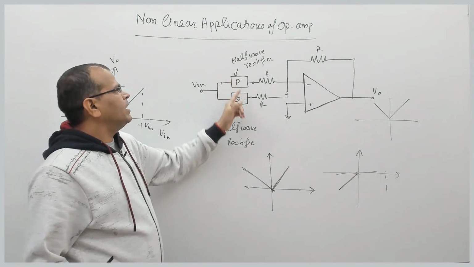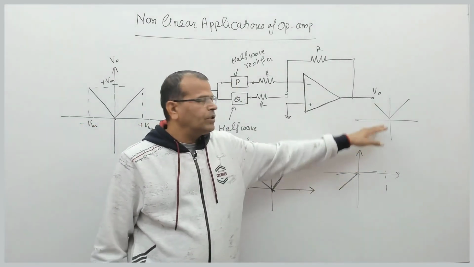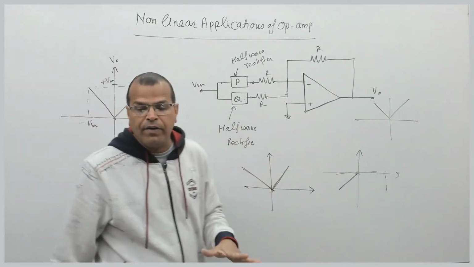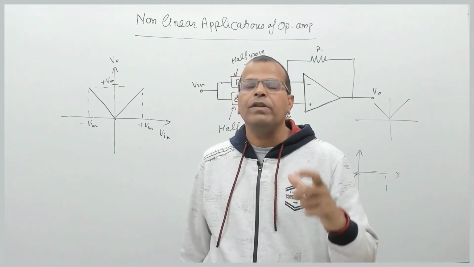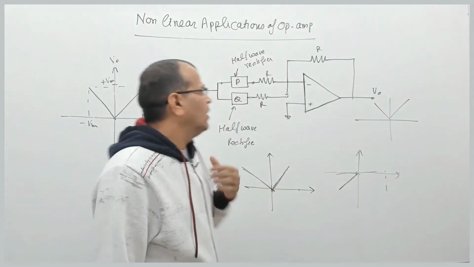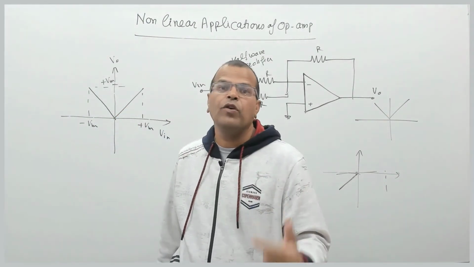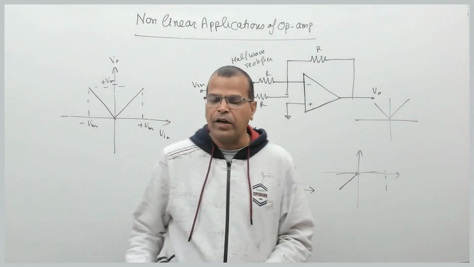By selecting proper characteristics of half-wave rectifiers, I can implement a full-wave rectifier. That is what I am trying to say. But we will see examples which appeared in exams, and it will be more clear from those examples. So wait for the examples we will be discussing now.